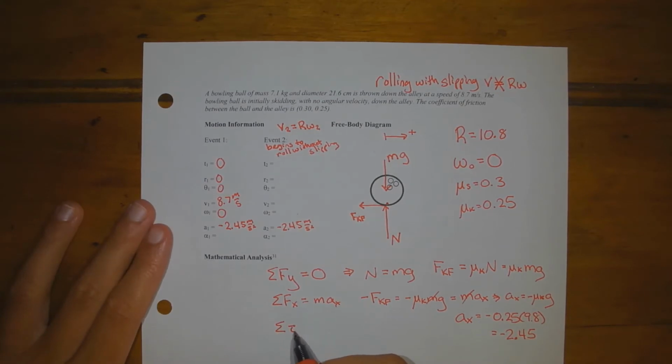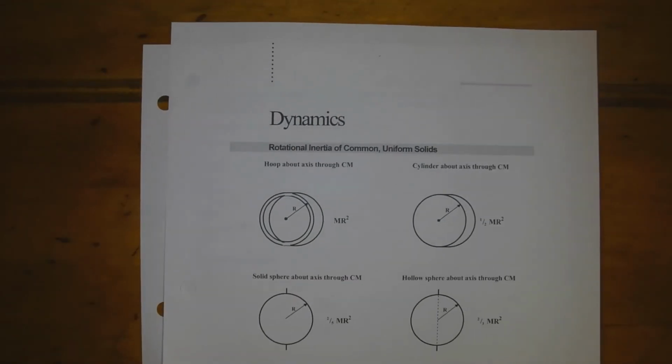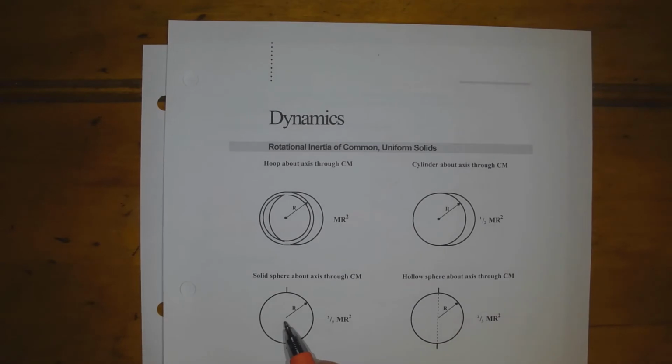So the sum of the torques is equal to the moment of inertia times the angular acceleration. I'm going to use an axis which is going through the center of mass. And so the axis for the moment of inertia is going through the center of the mass. The bowling ball is a solid sphere.